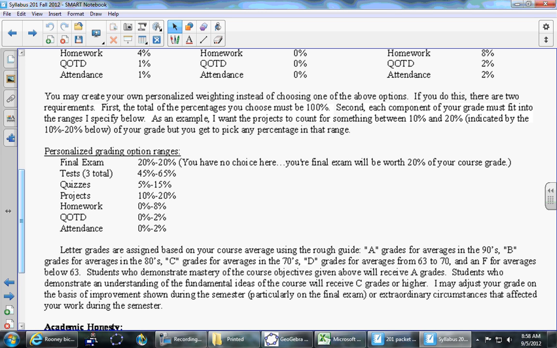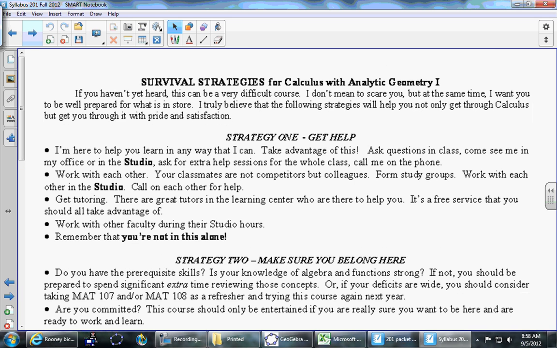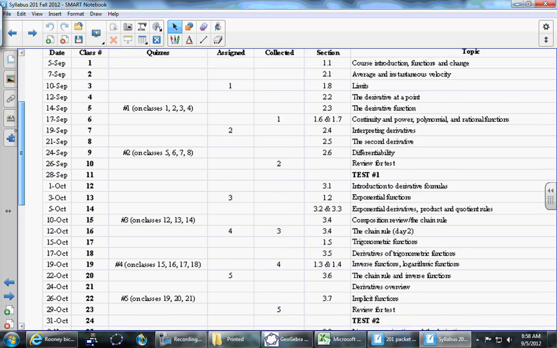Now, I'm not going to ask you to make this choice until the class after I hand you back the first test. So you're going to have a sense of what all of those things mean and what your semester looks like and what your study habits are going to turn out to be this semester. You will have a lot of information before I ask you to make a choice, okay? So let me take a look at the calendar, which I think is on the last page.